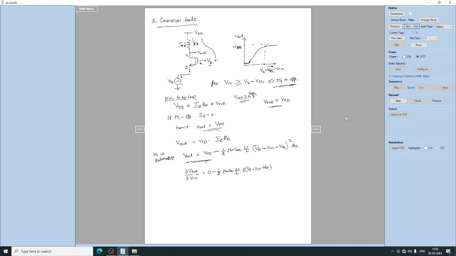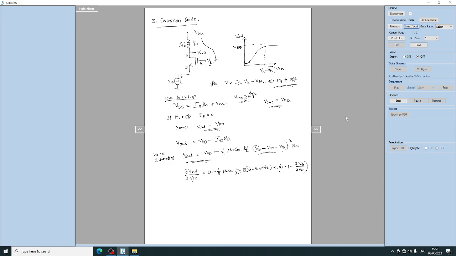This is 2x, and the differentiation of x is RD as it is, differentiation of the internal terms: 0 minus the differentiation of V in with respect to V in, which is 1, minus the differentiation of VTH with respect to V in.